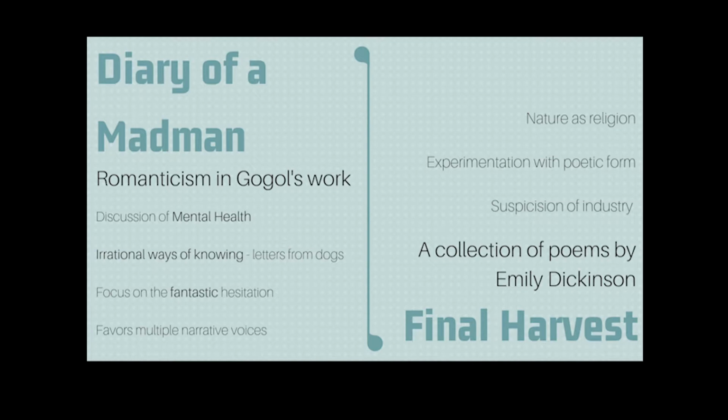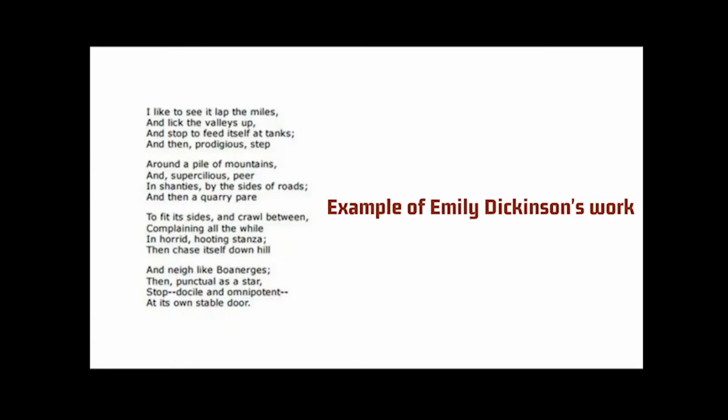I think this is something that we discussed on an earlier slide, but it's not a huge theme in Dickinson's work, but I just wanted to make sure you had an example of it moving forward, because this is an important romantic theme. So we're going to go ahead and look at this poem. There's some word choice in this poem, like supercilious, which means when someone thinks that they're superior to others.